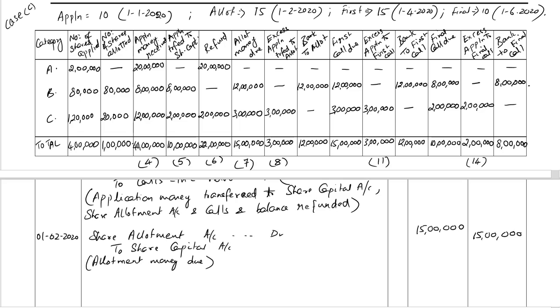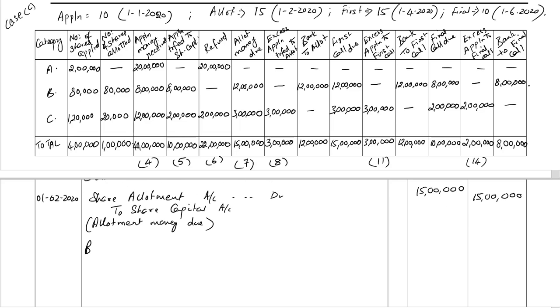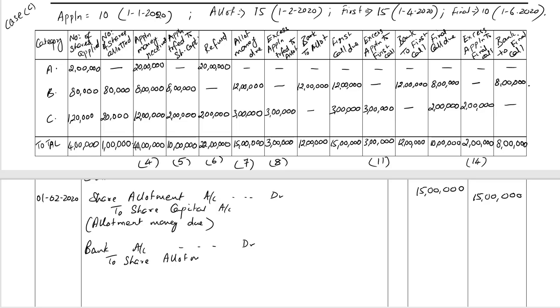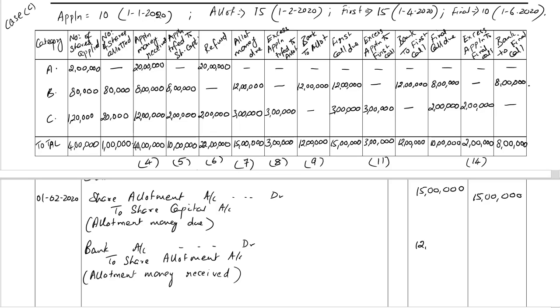Next entry is for receipt of the allotment money. Bank account debit to share allotment account for allotment money receipt. The amount is the total of the ninth column after setting off the excess application which is transferred to allotment rupees 3 lakh. So the amount is 12 lakh rupees.